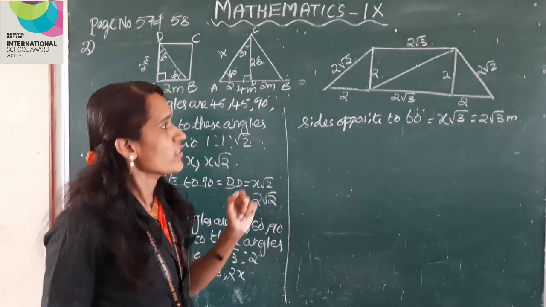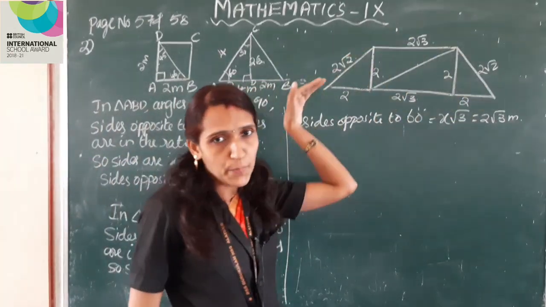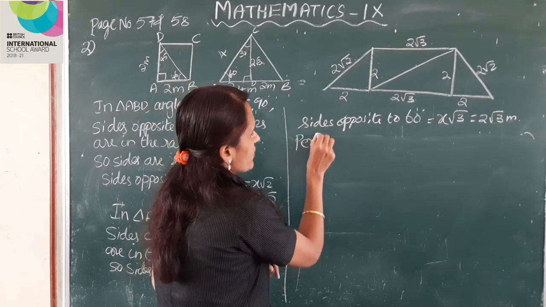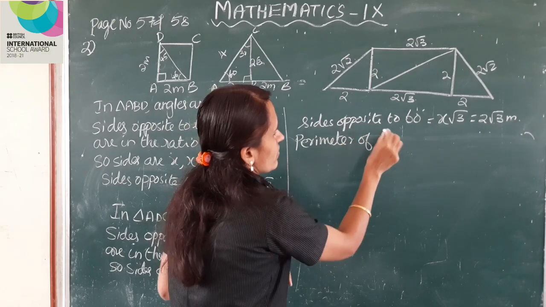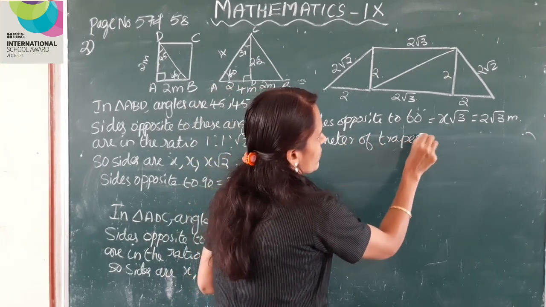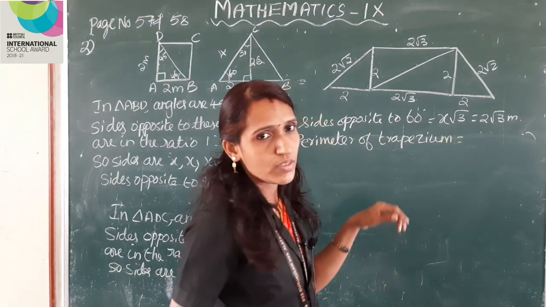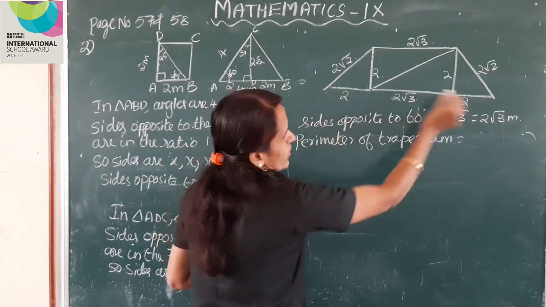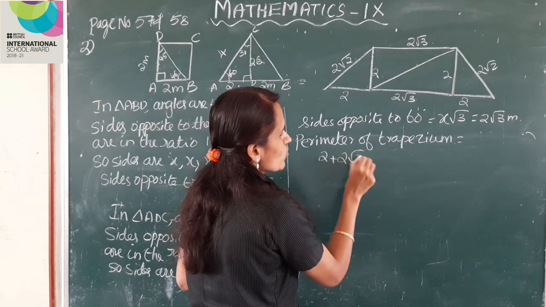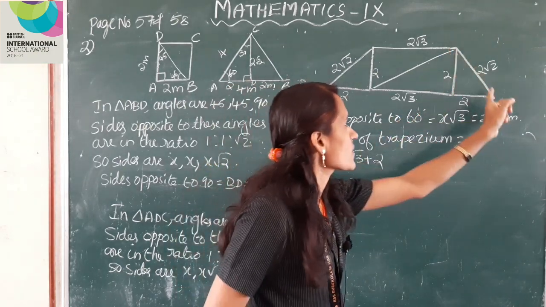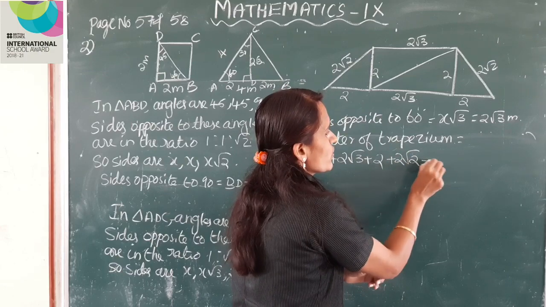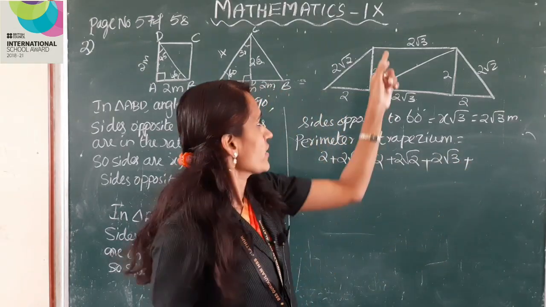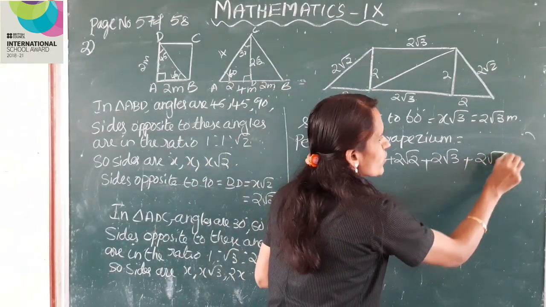So next we have to find the perimeter of this trapezium. Perimeter of the trapezium is equal to sum of all sides. So here the total distance, that is 2 plus 2√3 plus 2. Next this side 2√2, next this side 2√3, next this side 2√2.